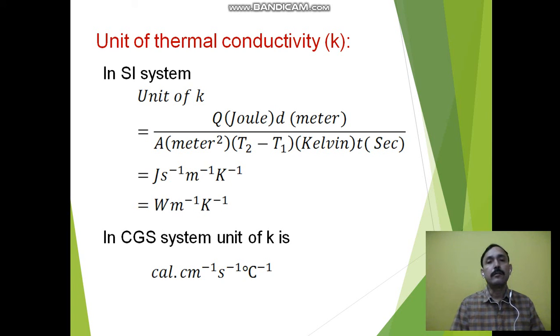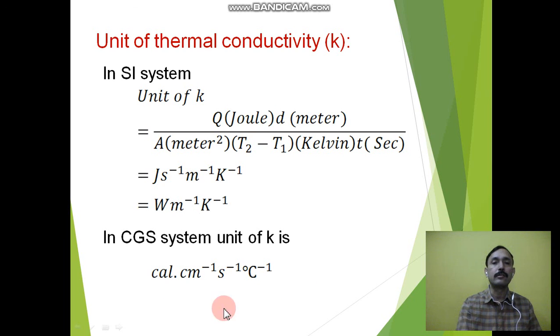Now come to the unit of thermal conductivity. In the SI system, the unit of K, from the formula K is equal to Q D by A (T2 minus T1) into t: Q has unit joule, D has unit meter, area has unit meter square, T2 minus T1 has unit Kelvin, and time in second.